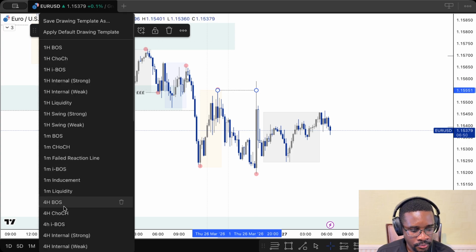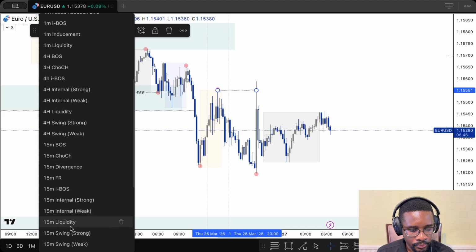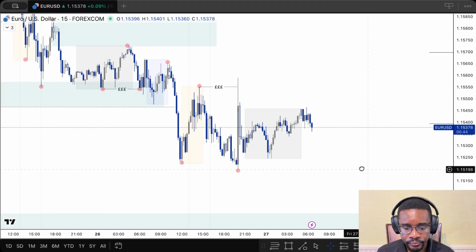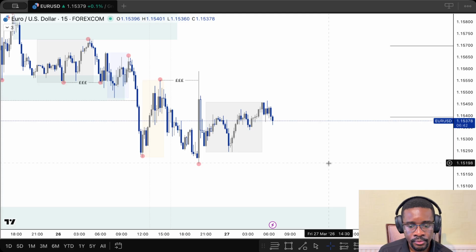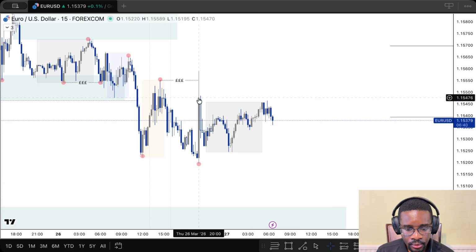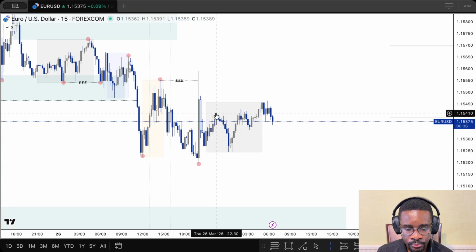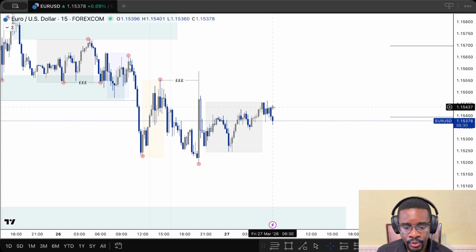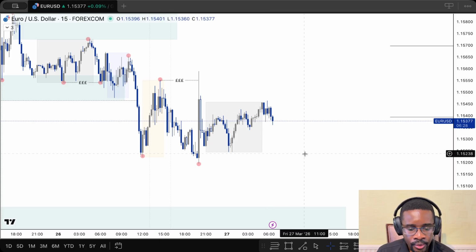However, it has not made a lower low. Okay, it's not made a lower low. And then sweep came down, and then Asia we are pushing up. So Asia is breaking structure to the upside. Okay, so we do kind of have a bullish trend.